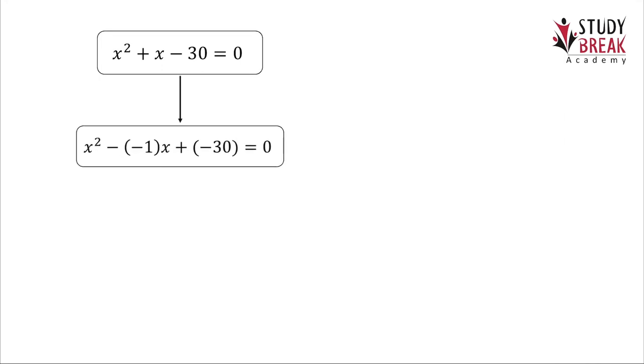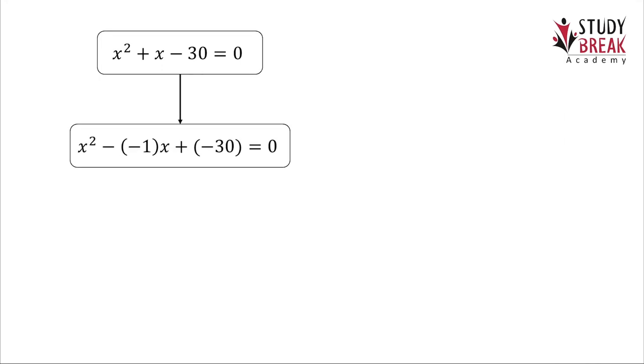What if the signs are different? Say we have an equation where the x term is preceded by a plus sign and the constant term is preceded by a minus sign. What we do is convert the entire equation into the format that we want. So now in this new format, the x term is preceded by minus and the constant term is preceded by plus. Now the middle term is minus 1.